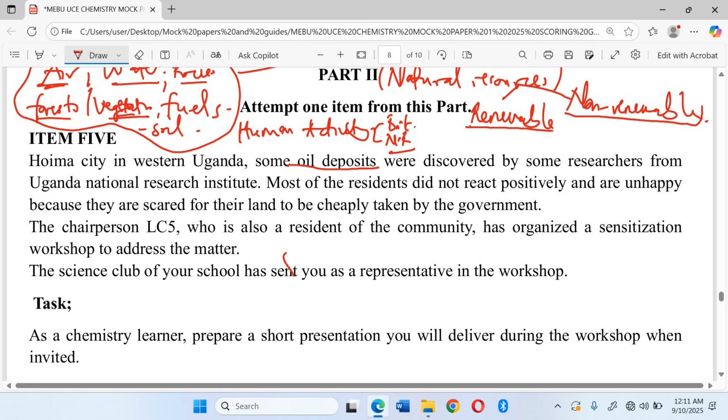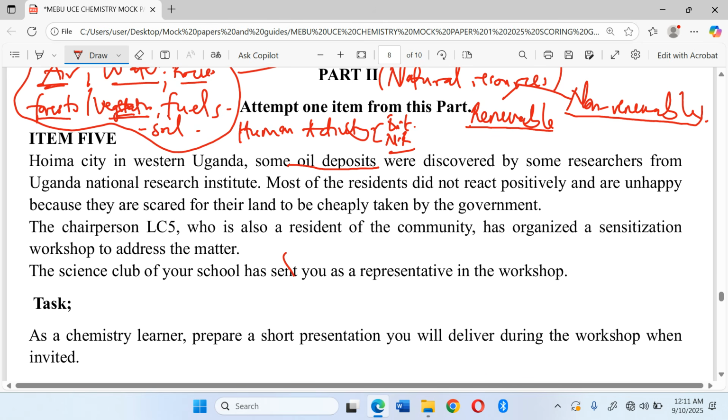So here we need to find out what is the natural resource that they are talking about. Which human activity is affecting the environment or natural resource? So if you look at this one, Hoima has some oil deposits which were discovered by some researchers. Most of the residents did not react positively and are unhappy because they are scared for their land to be cheaply taken by the government.